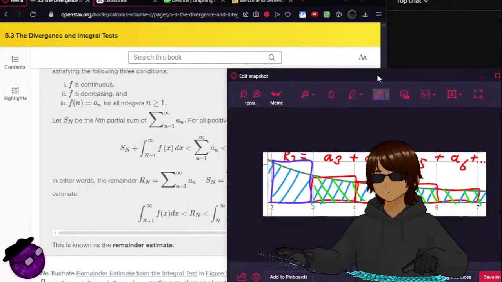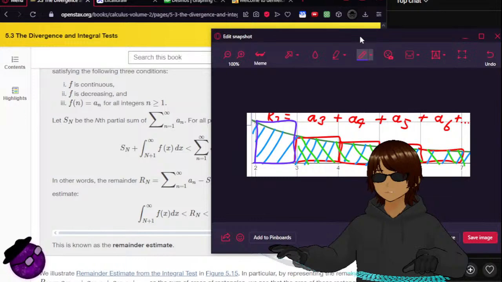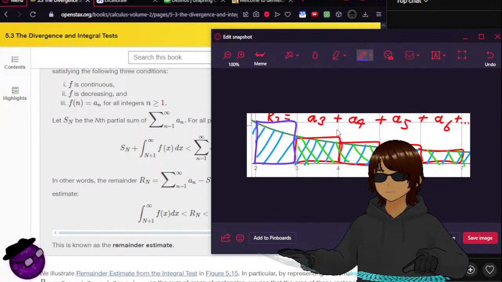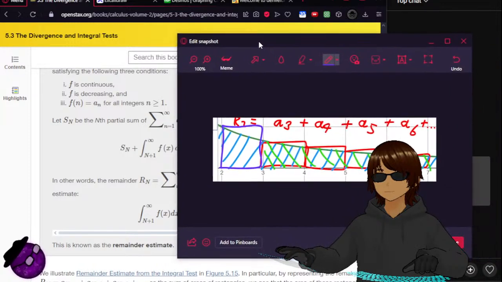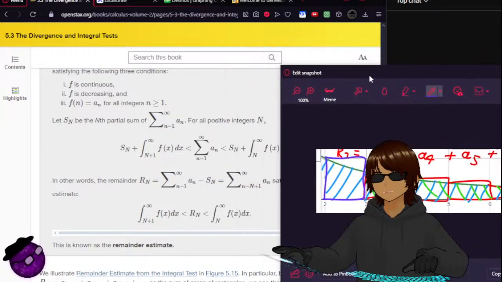And then the upper bound is the partial sum plus the blue area, which includes this. But I don't understand.